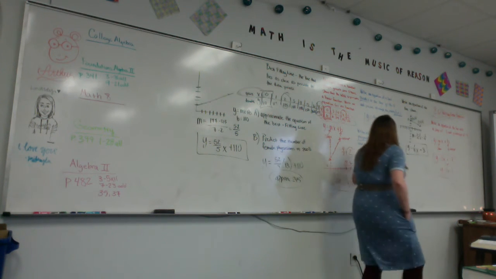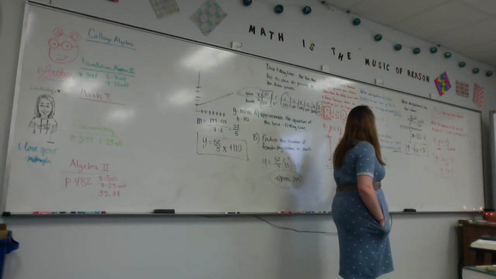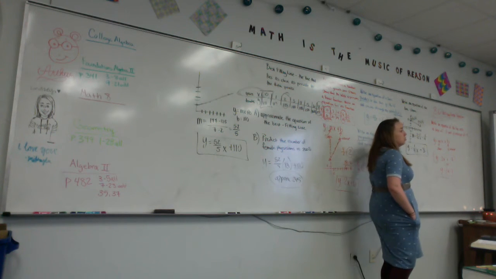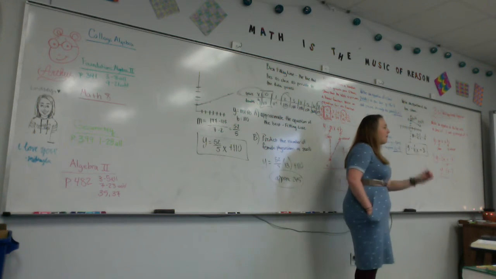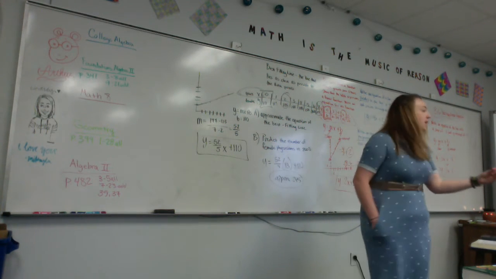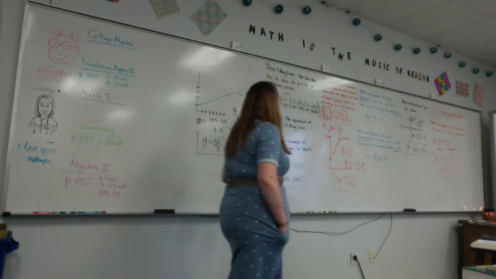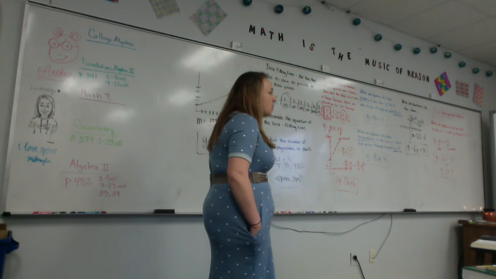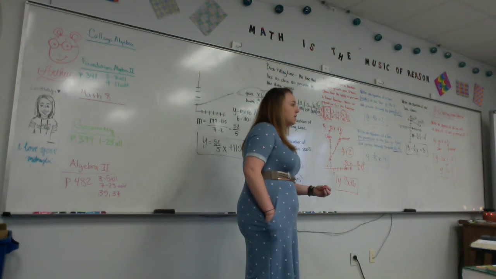Then you have to come up with equations that are parallel or perpendicular to, meaning if it's parallel, it has the same slope, but you're going to look at the new point they give you. And if it's perpendicular, the slope is the opposite reciprocal, and you're going to look at the new point they give you. Then you come to data tables. One of the pieces of data they give you should be your y-intercept, meaning wherever x equals 0, that's my y-intercept.